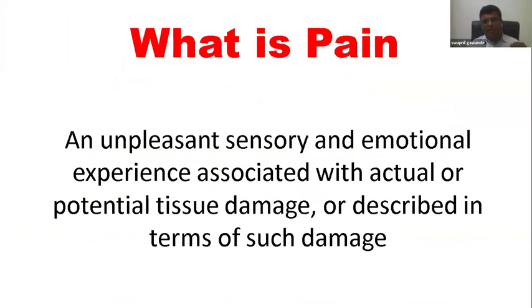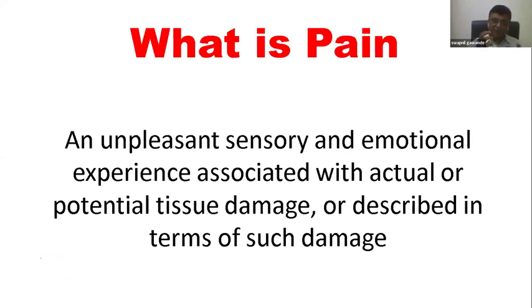Because we say, "Today my heart was hurt, I have been hurt." Though it is not a physical pain, we still feel the pain when we are emotionally upset or in sorrow. Okay, so that is also considered to be pain. Then it is the actual or potential tissue damage. What does it mean?